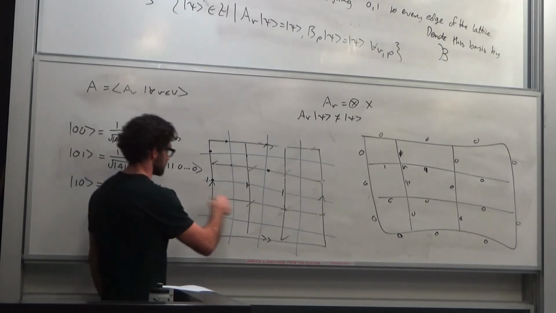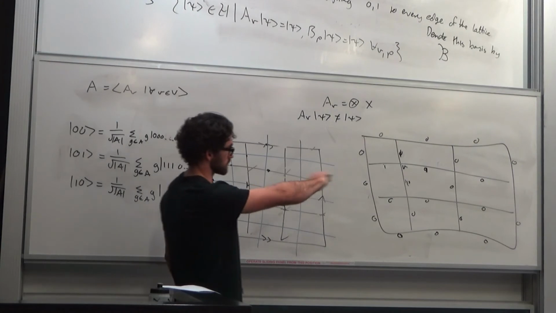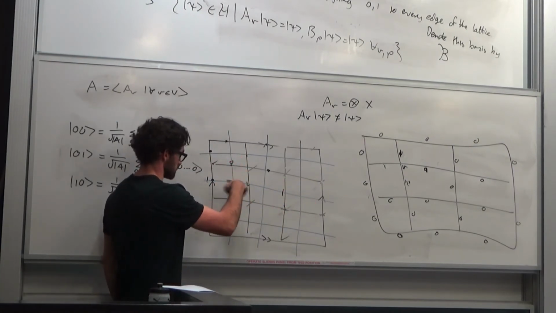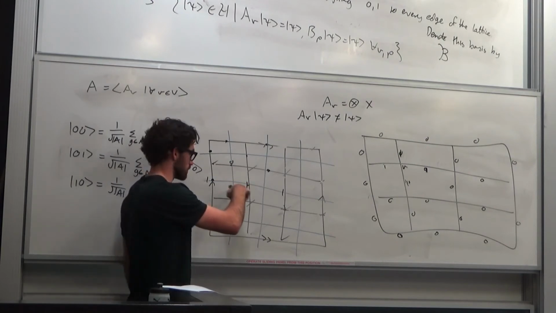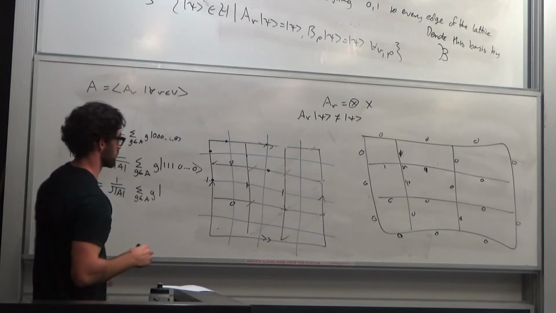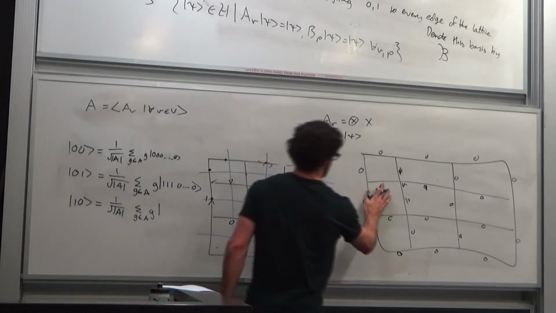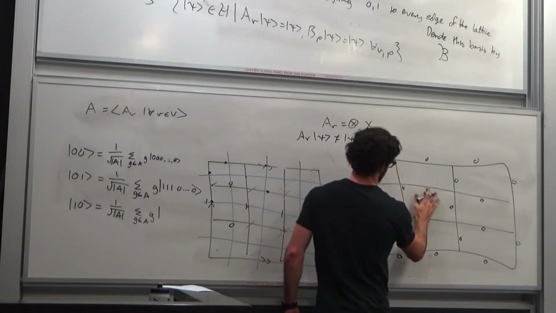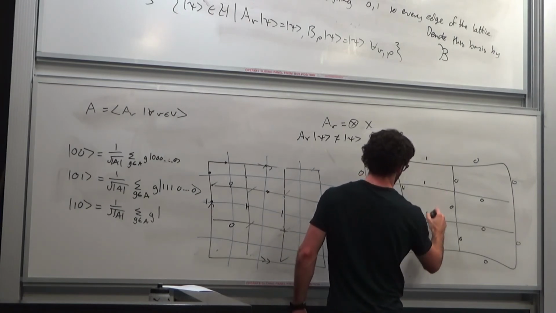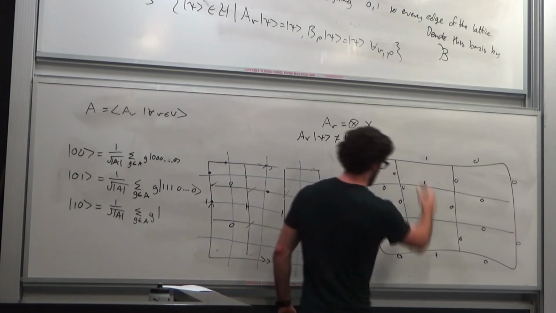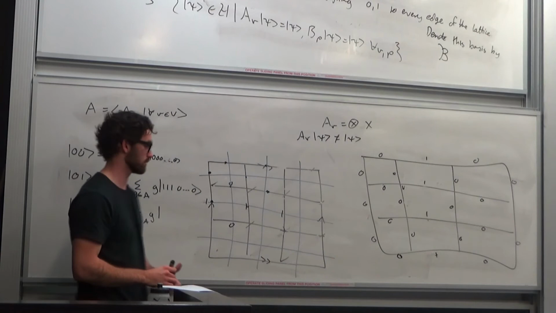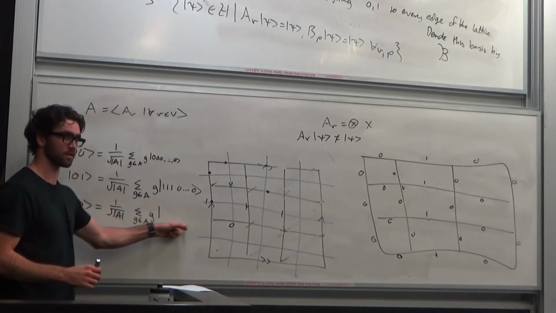And so you see this is still in the +1 eigenspace of all the BP, because if these are zeros everywhere else, that's still sum to 0 mod 2, sum to 0 mod 2, sum to 0 mod 2. And then if we did the same thing this way, that's going to be the other cocycle, the other cycle in the dual graph. Okay, and that's what this one's going to be in here.